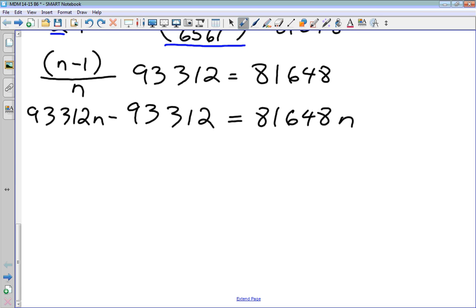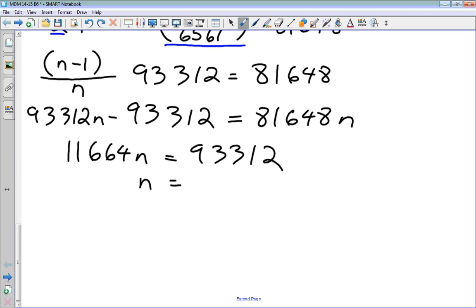So just subtracting, we're going to get on the left side 11,664 n. And we're going to bring the 93,312 over to the other side, so 93,312. Solving for n, we get n is equal to 8. So we've got one of the things that we were trying to find.